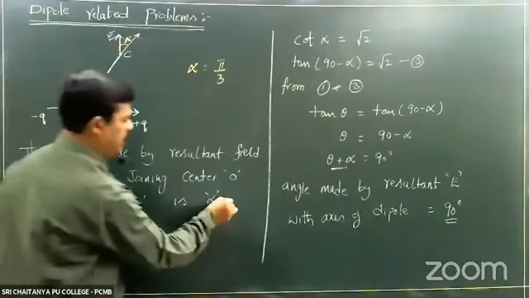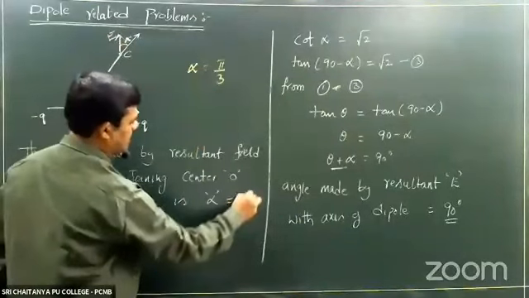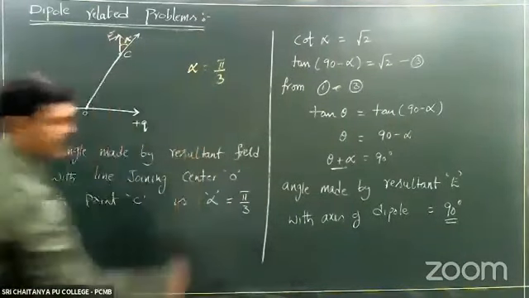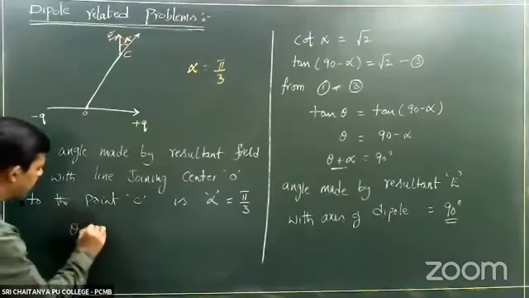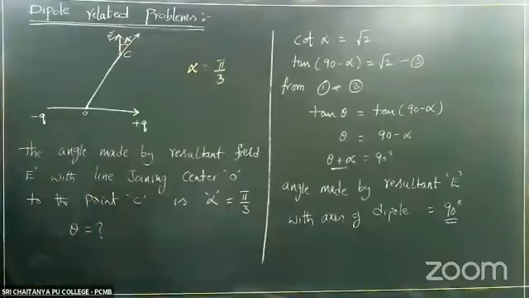That alpha is given to you as pi by 3. Generally, in the problems, the sentence comes like this. What question do they ask? What is theta?